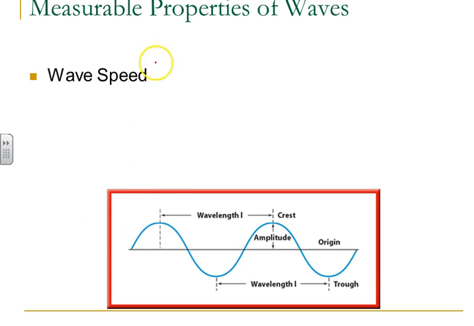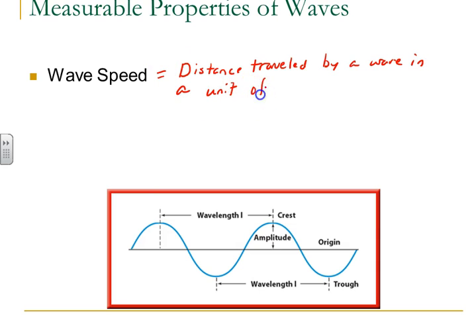And the wave speed is looking at the distance traveled by a wave in a unit of time, such as the number of meters traveled per second, just like any other speed.